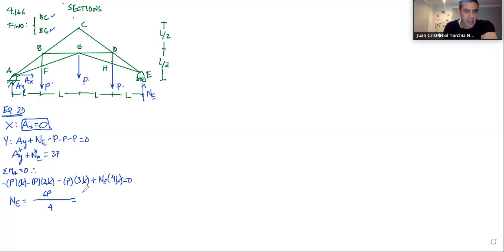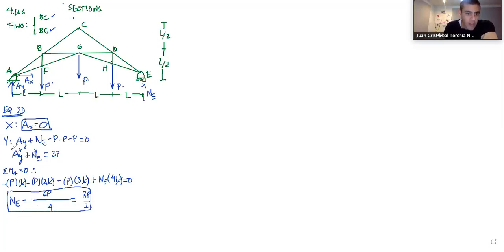Therefore NE equals to 3P divided by 2, wherever the units are. I think they are kilo units, but it actually doesn't matter too much. Therefore, I already have how much is the value for NE. It's 3P divided by 2.